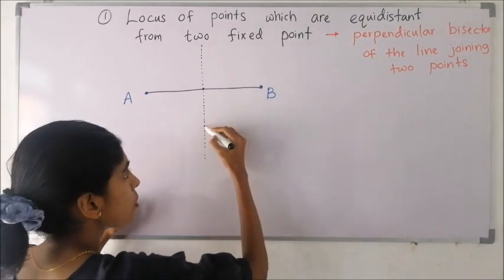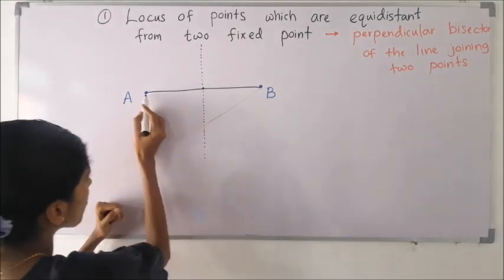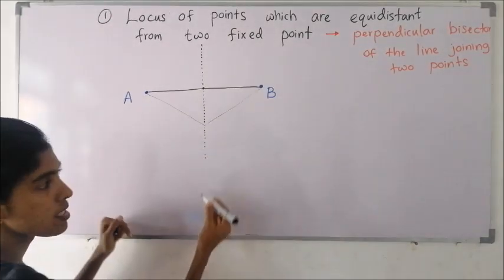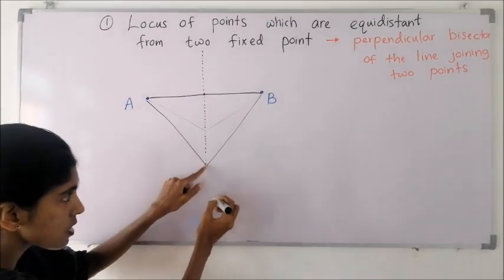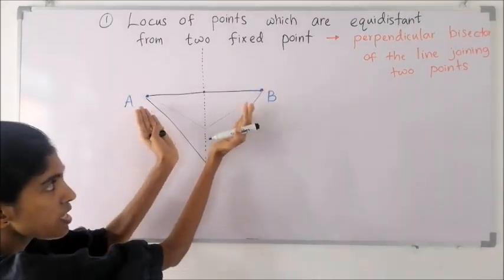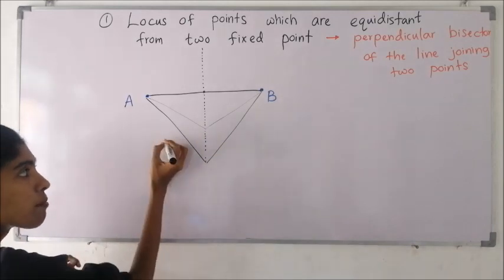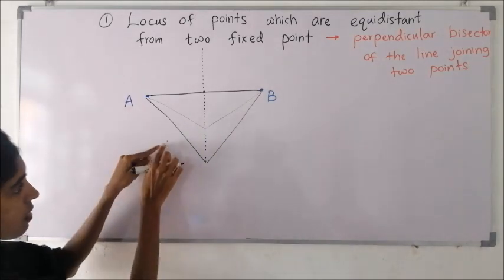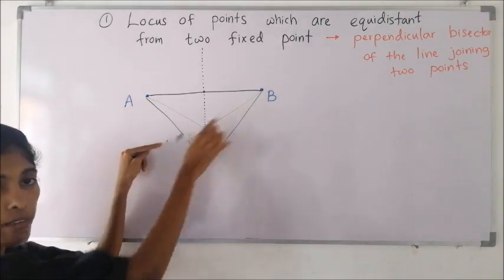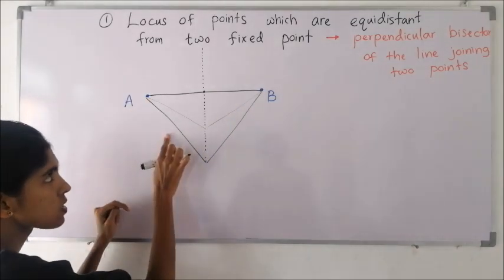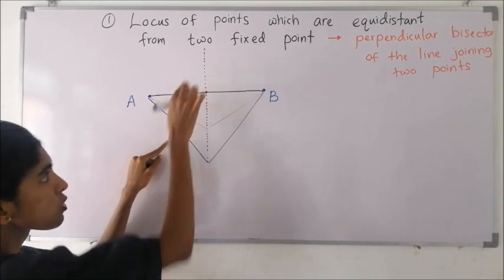We will consider this point. See, equal distance. Another point we will take. This point is also an equal distance to A and B. These two lengths are equal. Now I am marking a point from here. See, this point is a little bit closer to A than B. So it doesn't belong to this locus.